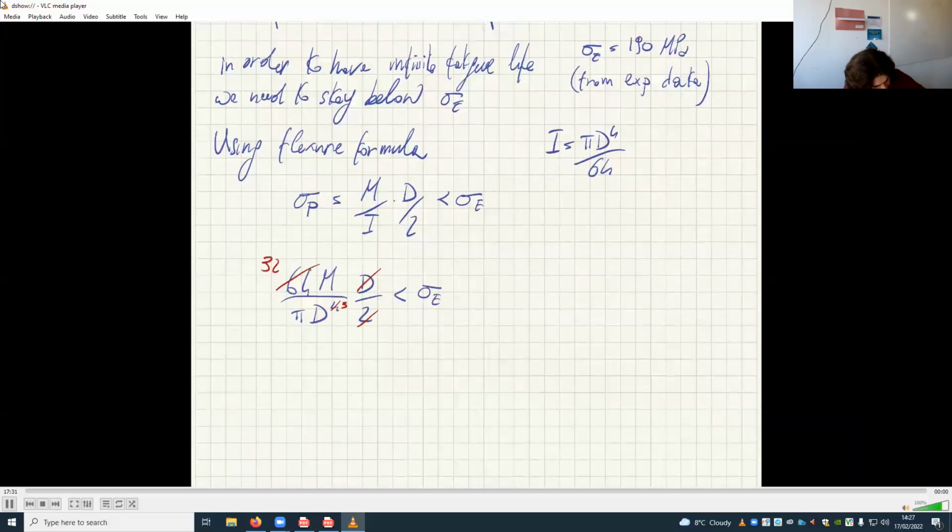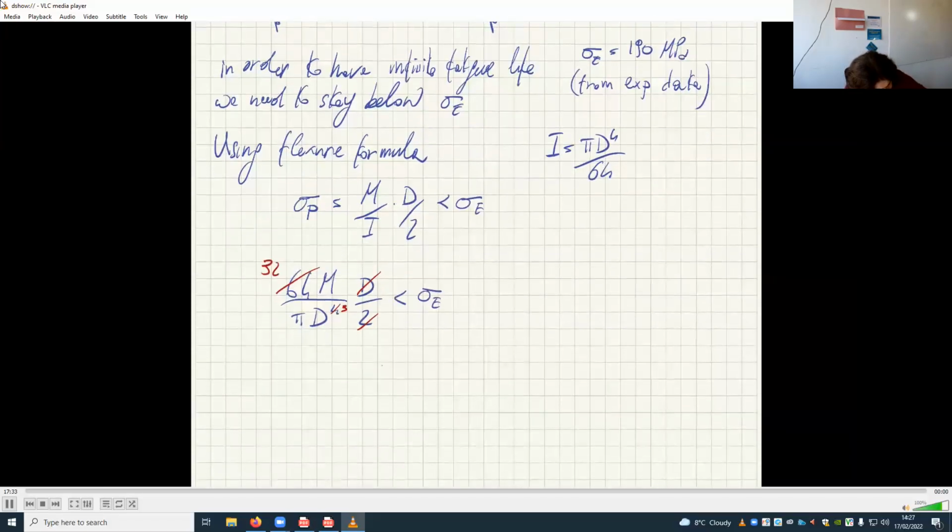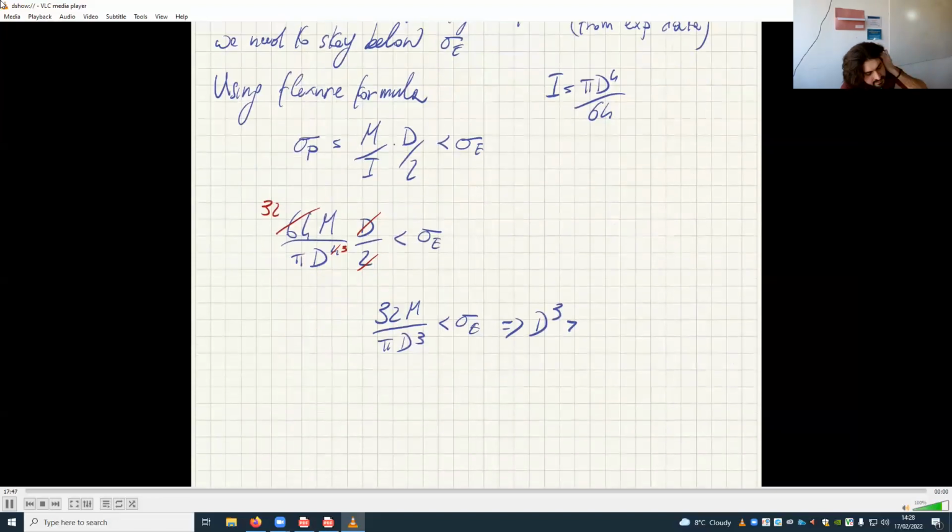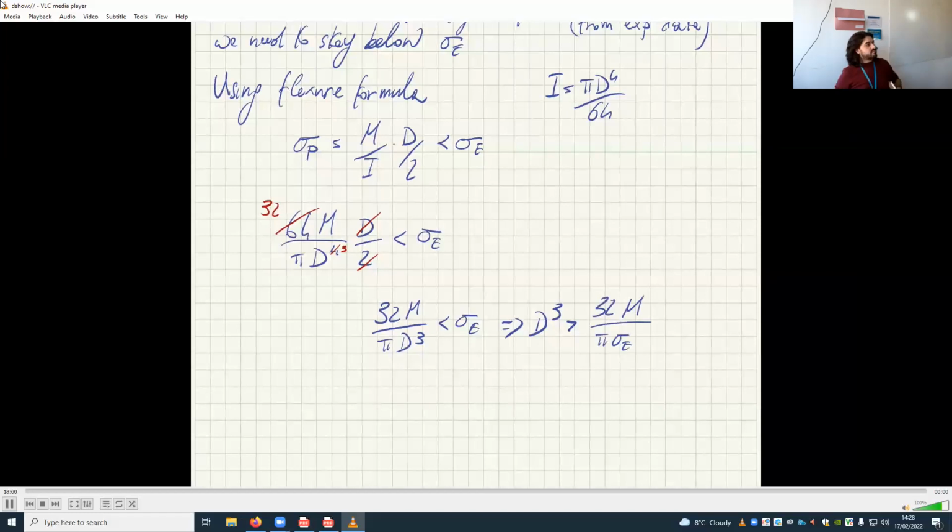And so I get that 32 M over pi d cubed is smaller than sigma E. And so this corresponds to d cubed greater than 32 M over pi sigma E. You agree with me? Can you see why I went from smaller than to greater than? Because I'm looking at the equation from the other side. Okay, can you see it?